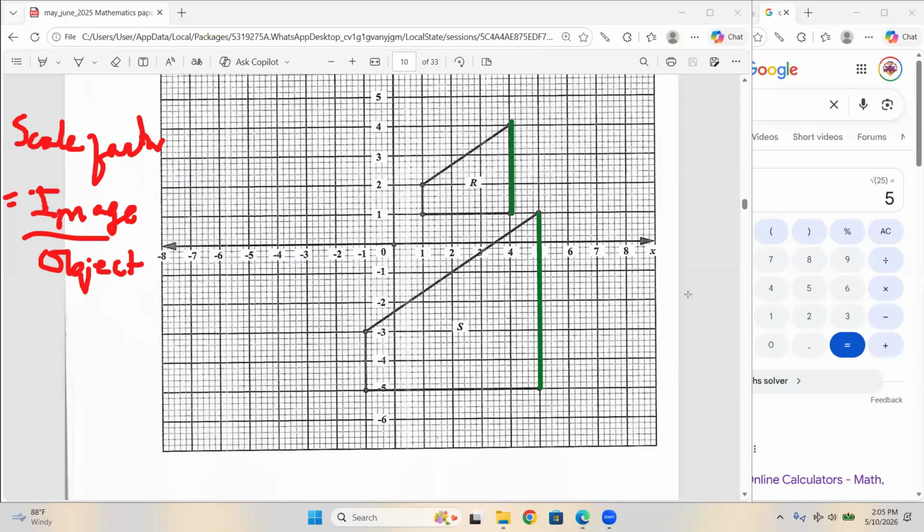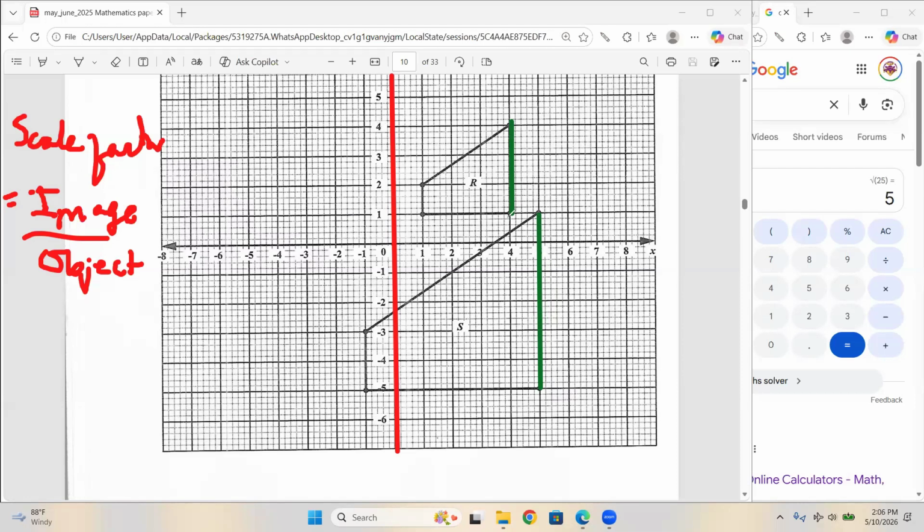So these two sides are corresponding, in the same position, just on the different image and object. Using the y-axis, the vertical axis, because these lines are vertical, just like the y-axis.